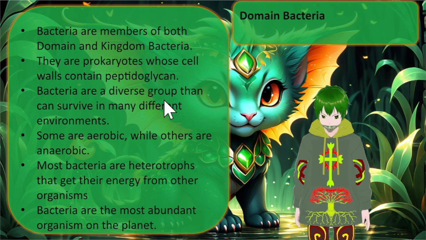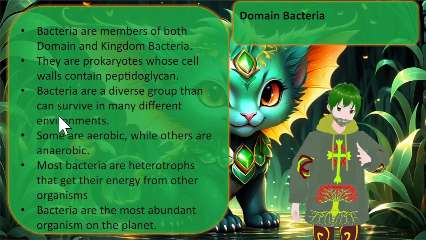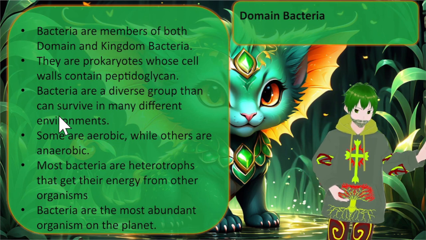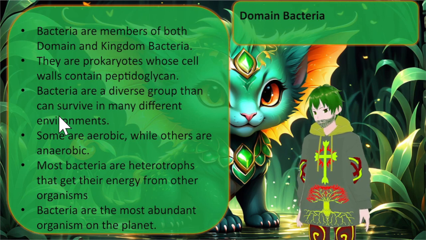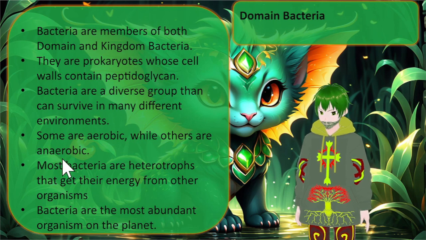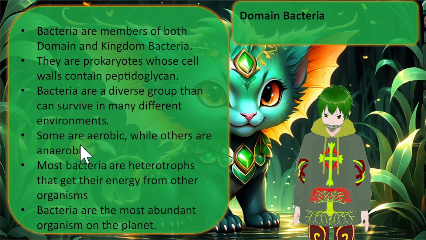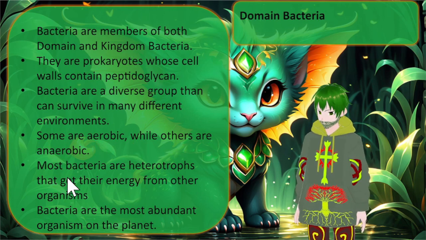Bacteria are a diverse group that can perform different things in different environments, ranging from highly salty environments to highly acidic environments, and a full range in between, temperatures, hot and cold, very resilient organisms, bacteria. Some are aerobic, meaning that they can survive in the presence of oxygen.